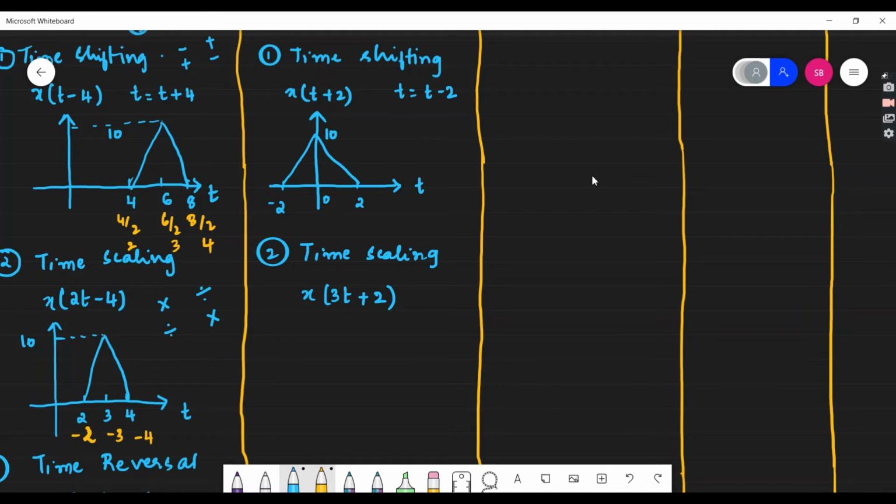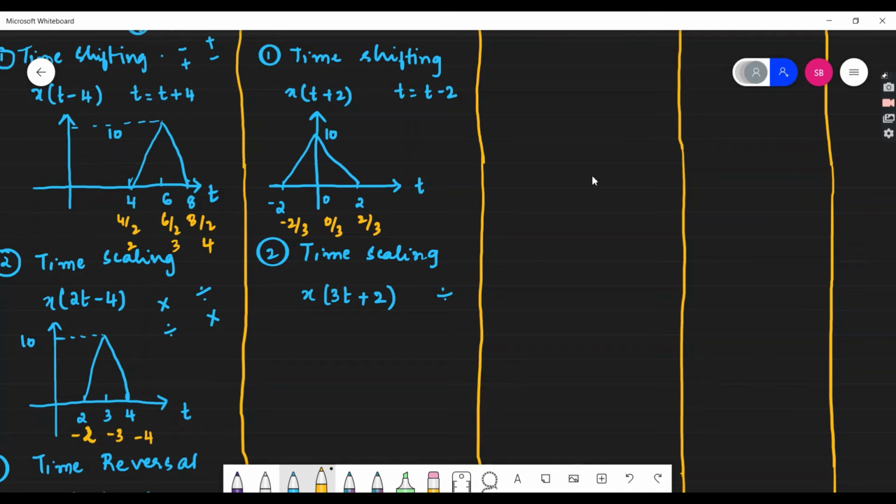It is again a multiplicative term with reference to the time, so I have to divide in terms of performing the operation. For this scale, where I have minus 2, 0 and 2, I will be dividing by 3. So this becomes minus 2 by 3, 0 by 3, and 2 by 3.